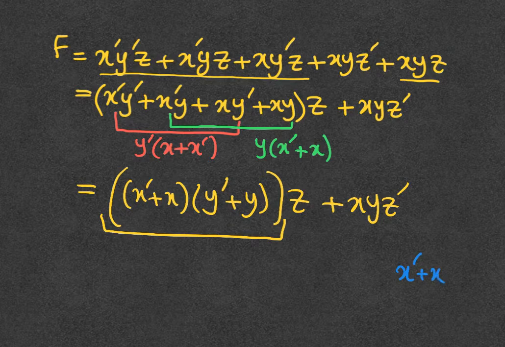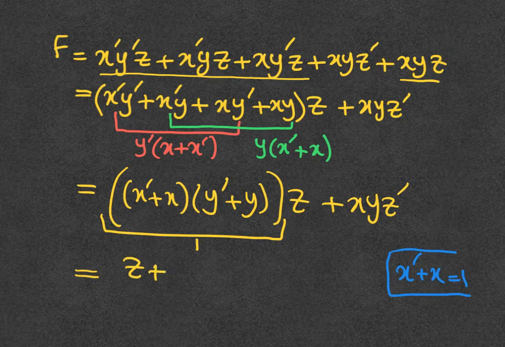X prime plus x is just 1. Y prime plus y, every variable or function plus its complement is going to give you 1 at the output. Okay, so you're going to get 1 for these two. 1 multiplied by 1 also is 1, so the answer is z. So z plus x, y, z prime.